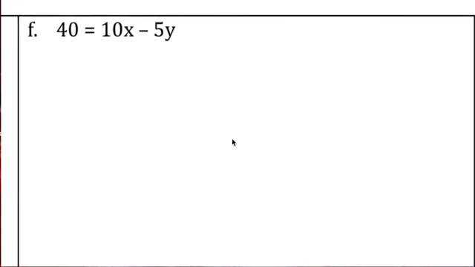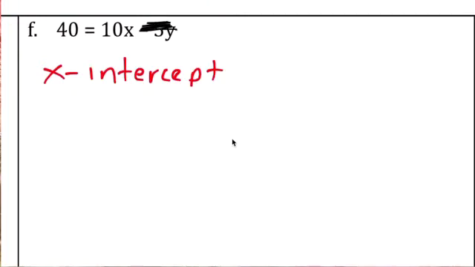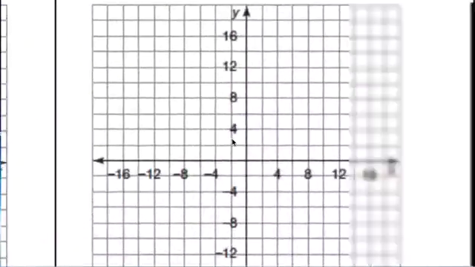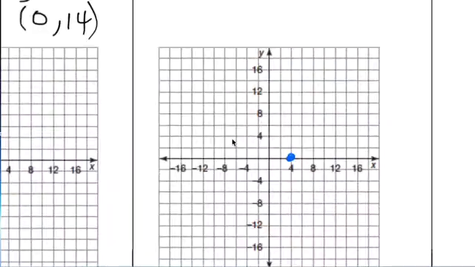Okay, x-intercept again. You cover the y. It's negative 5y. 40 equals 10x, divide by 10, x equals 4, and x is 4 is right here, and that point is called 4, 0.